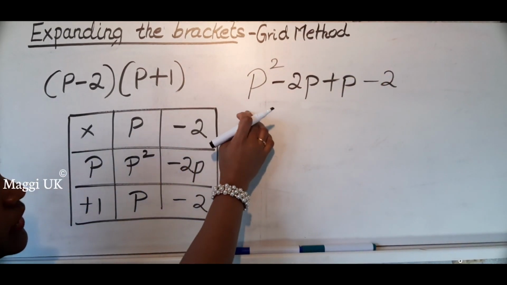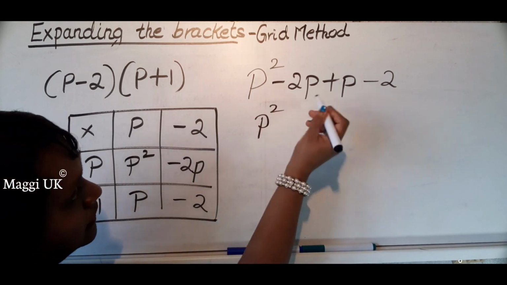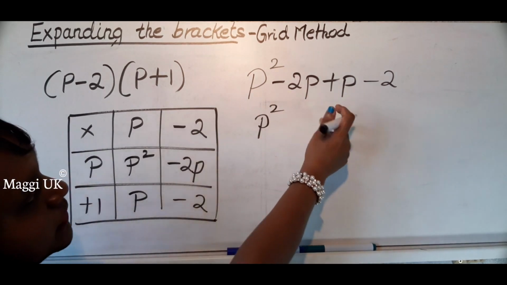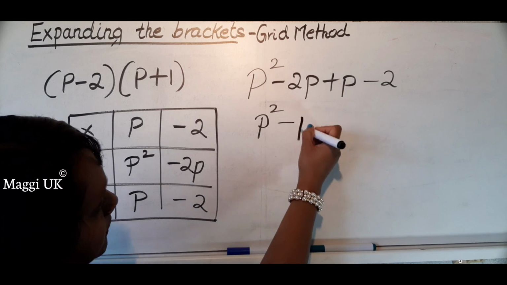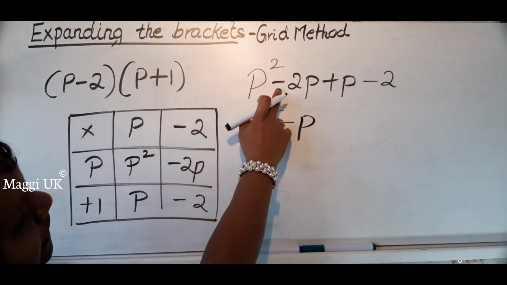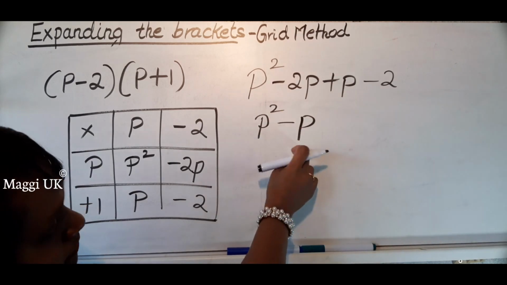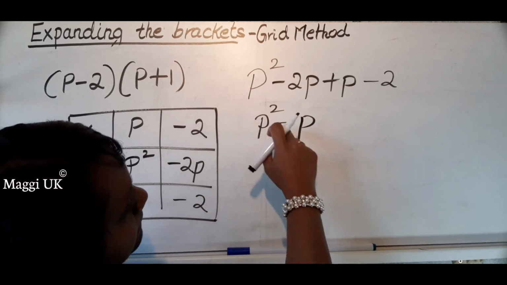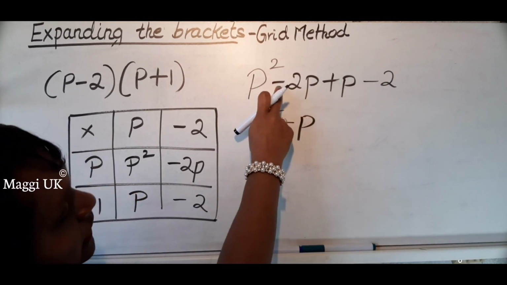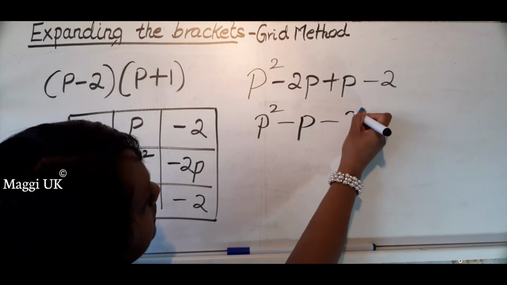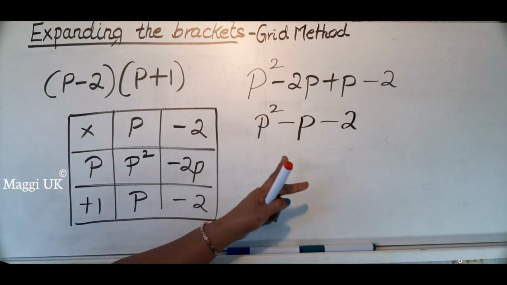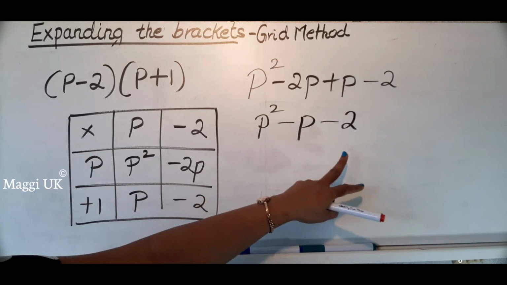So if you see this one, we have P squared, and then -2P plus P is nothing but a minus P, because we have -2 here and we have a plus 1P here. So that will bring you just a minus P, because we have a greater sign minus, and then the next one is -2. So this is the one we got the answer for.